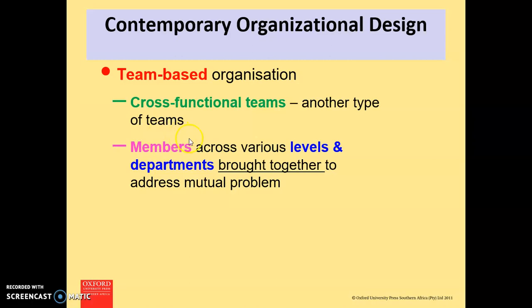So members of the team come from different functions, so they have different skills, experience, and so on. They are brought together to solve some problems or to do some projects. So each of the members contributes in performing the task.